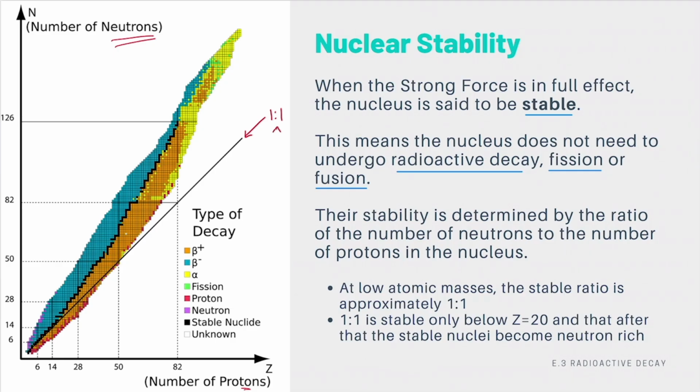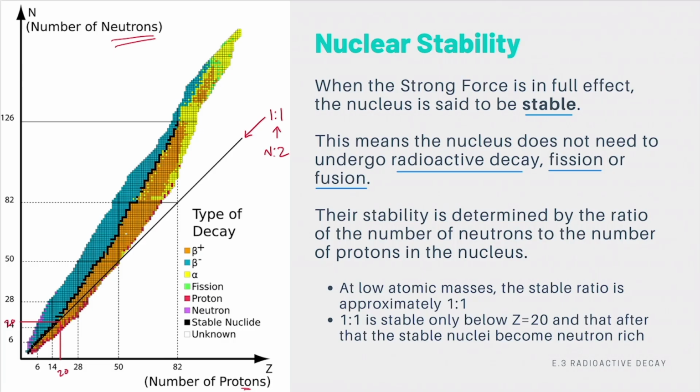That means they have a ratio of N to Z of 1 to 1. And if we go all the way down to the bottom of this line, around here, until about the mass number of 20 protons and 20 neutrons, the black dots within this little region show the stable nuclide.